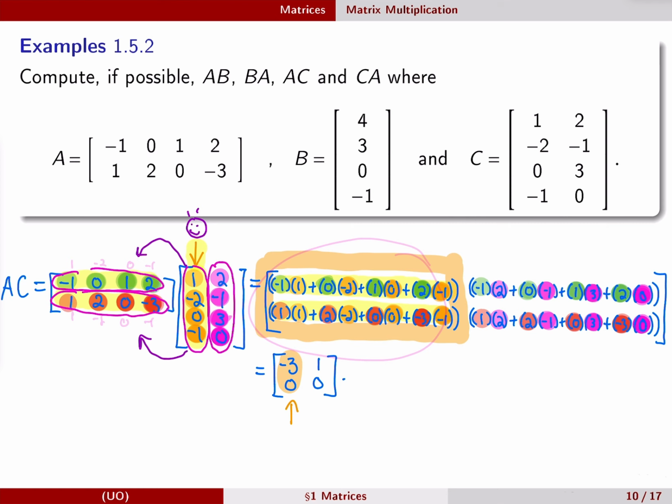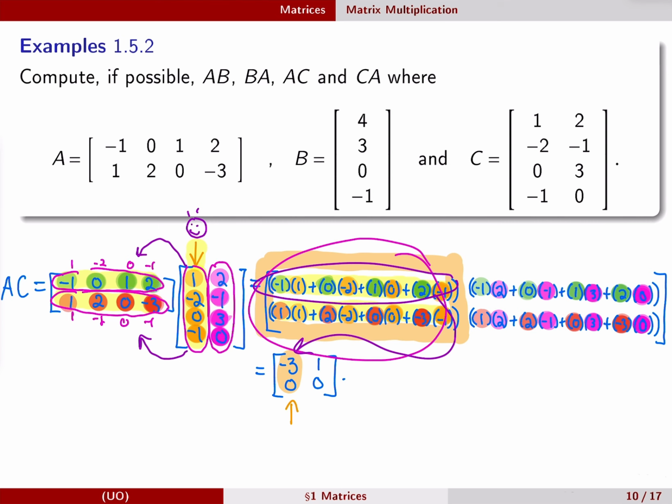If you need to write the 1, minus 2, 0, minus 1 to better understand where these computations are coming from, do it. And actually here, if you do the computations, you're going to get minus 3, 0 for the first column of your 2 by 2 matrix.